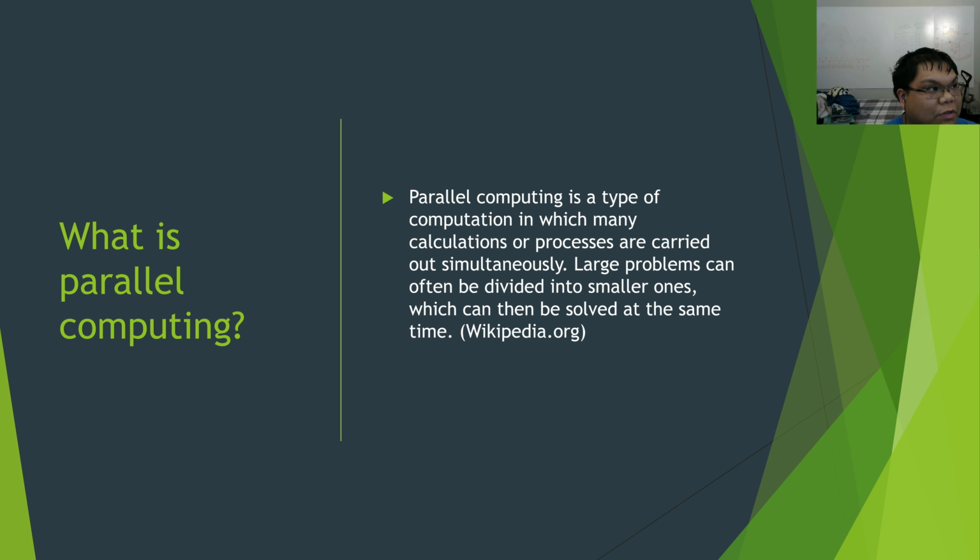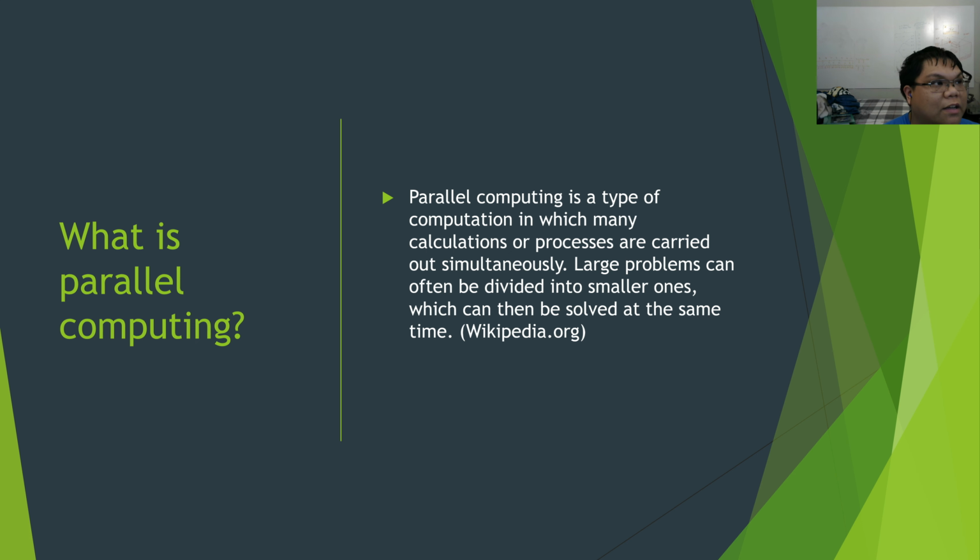In the Section 1 class, we brought up a few examples of parallel programs. One of them is Bitcoin mining. Another one is rendering a scene in a 3D animation, or just rendering a 3D image.